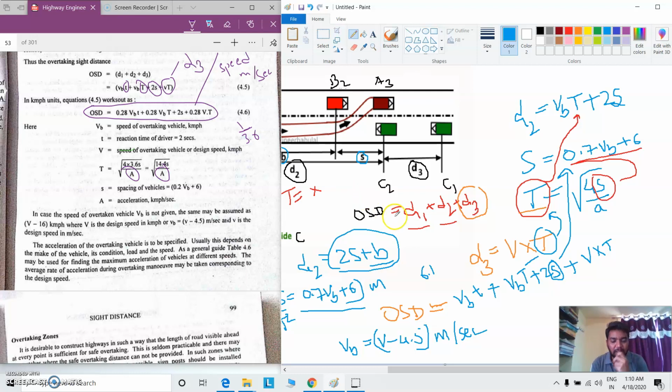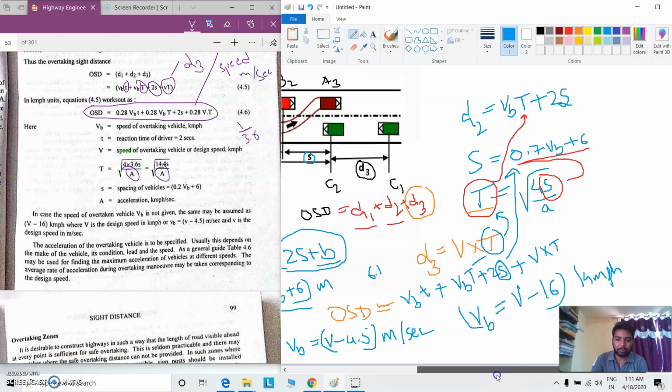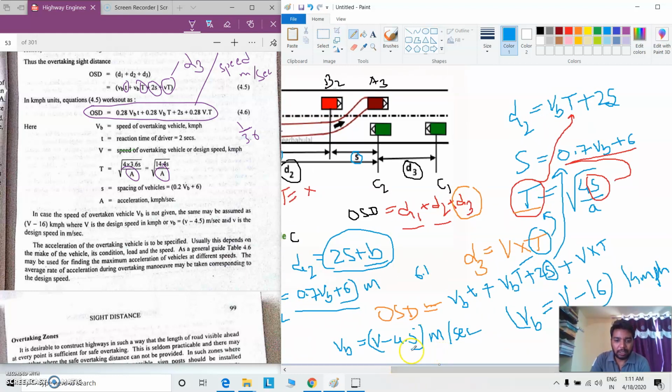The same thing if you are considering in kilometer per hour, so that vb equal to v minus 16, this is considered in kilometer per hour, kmph, right. If you consider vb is equal to v minus 16, that is in kilometer per hour; if you consider meter per second, you have to consider as v minus 4.5.